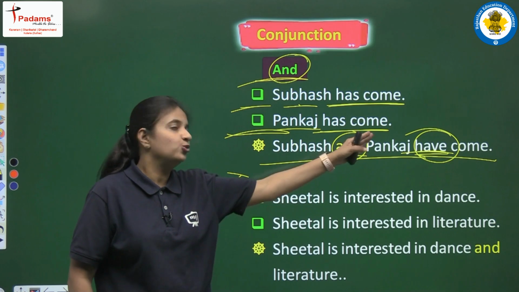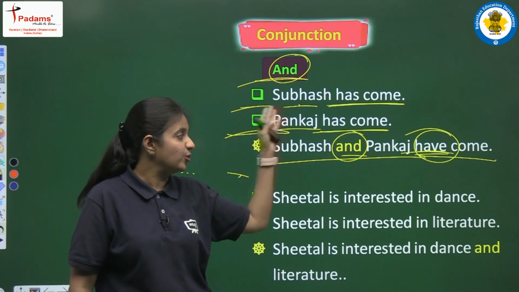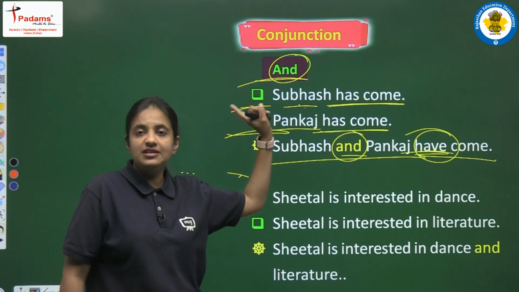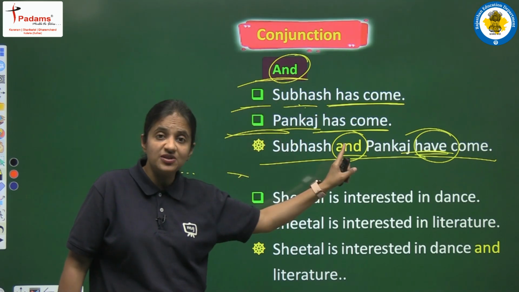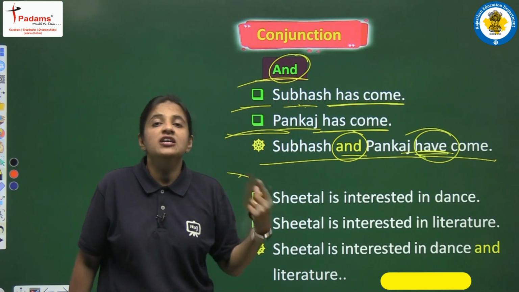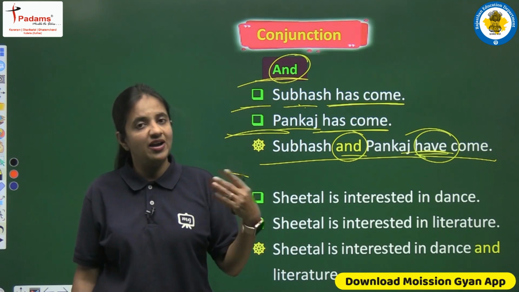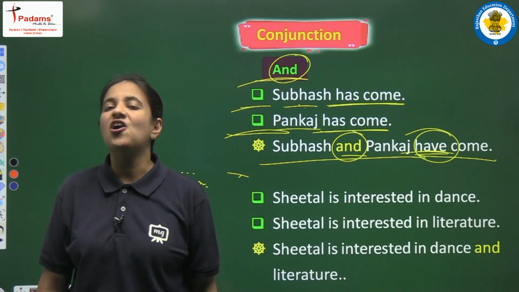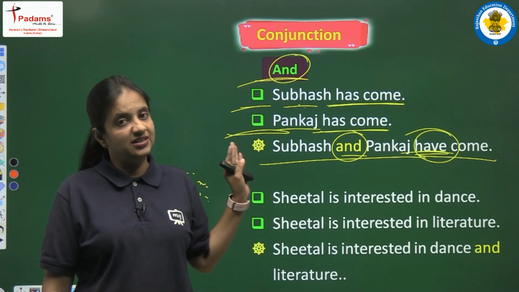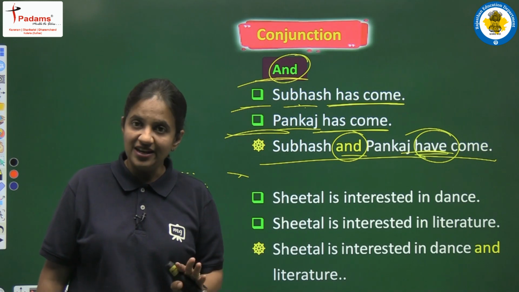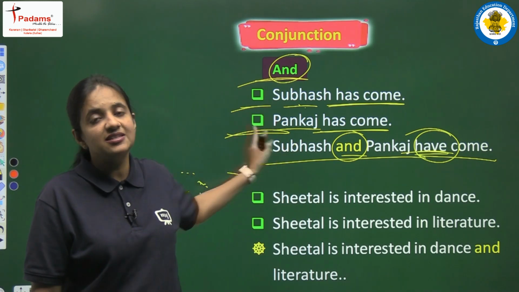And yes, we have to make the changes accordingly like we are doing here, because when we are having a singular subject we have to use has, but when we are having a plural subject we have to write have. So these grammatical changes we have to make, because we have to follow all the grammatical rules while using the conjunctions. Alright, I hope this one sentence is clear.